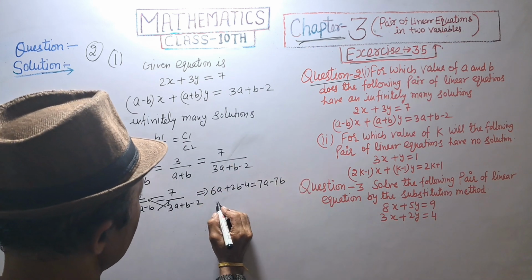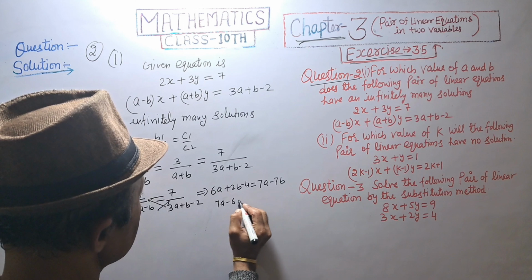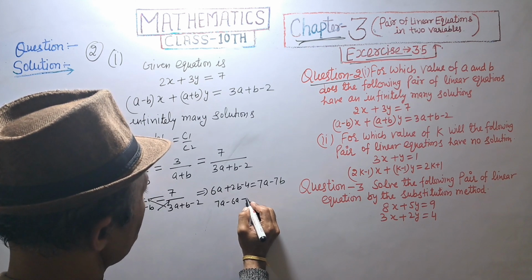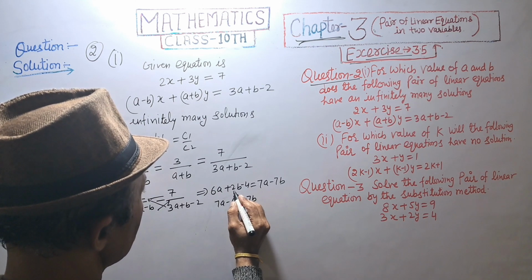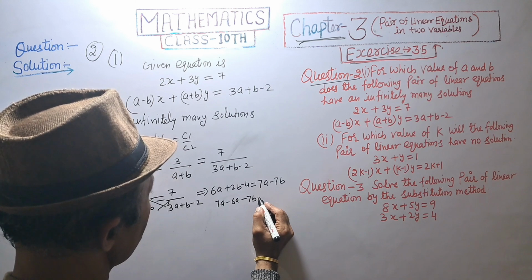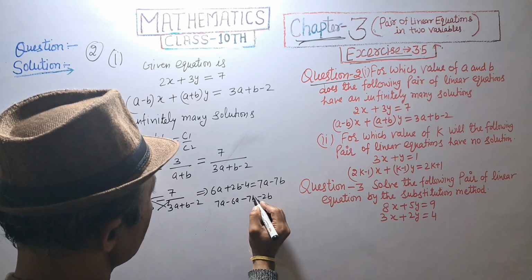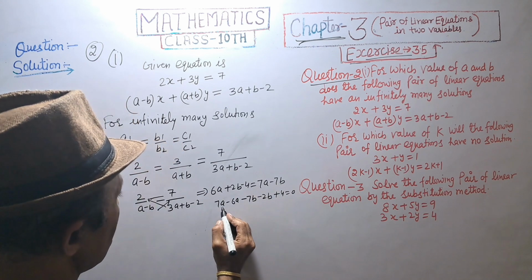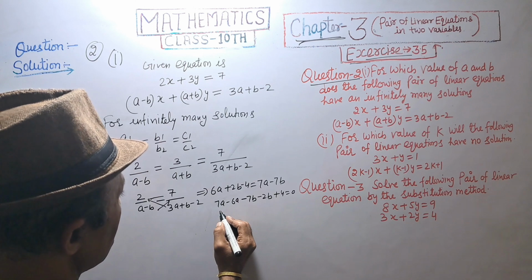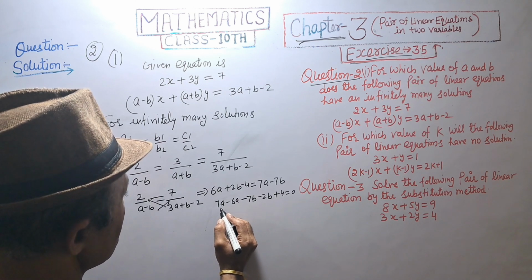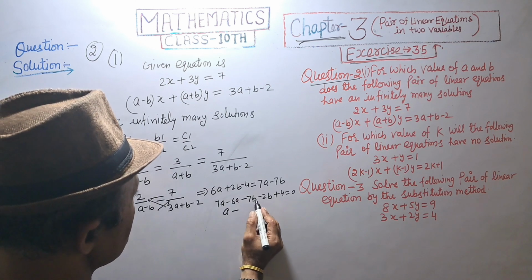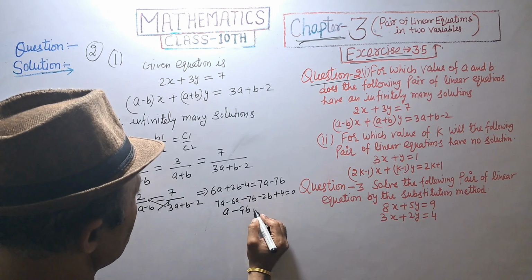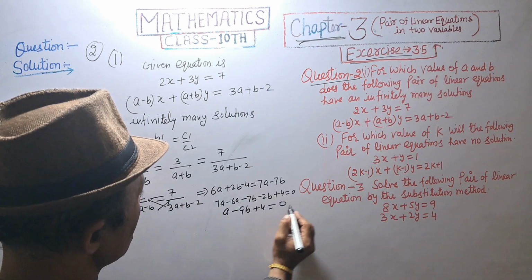Shifting to the right side, 7a minus 6a minus 7b minus 2b plus 4 is equal to 0, and a minus 9b plus 4 is equal to 0.